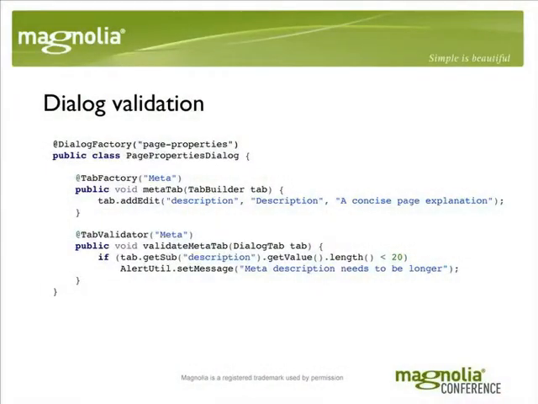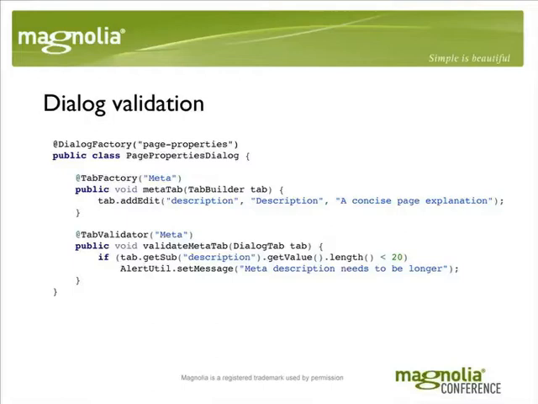And this is an example of how to do dialog validation, which is a very cool feature. Basically what you do is you create a method, you annotate it with tab validator, and then you specify the name of the tab. In this method, you can do any validation you like. In this example, it checks that the meta description is not shorter than 20 characters.